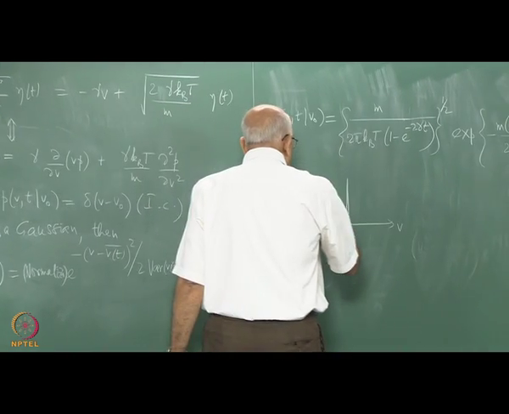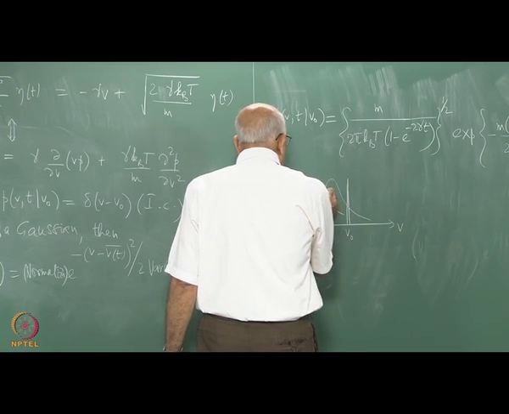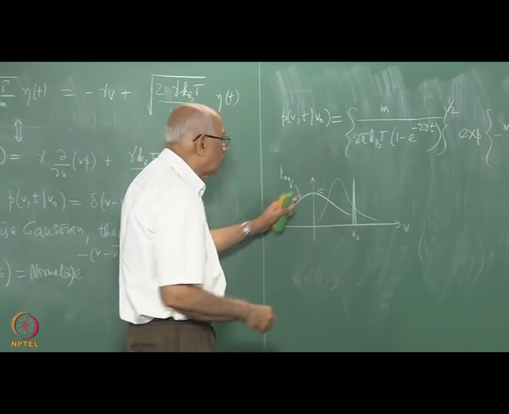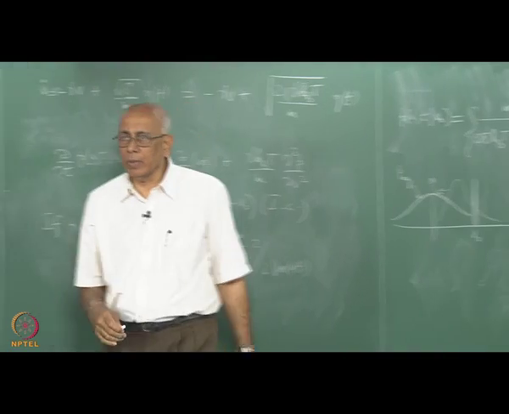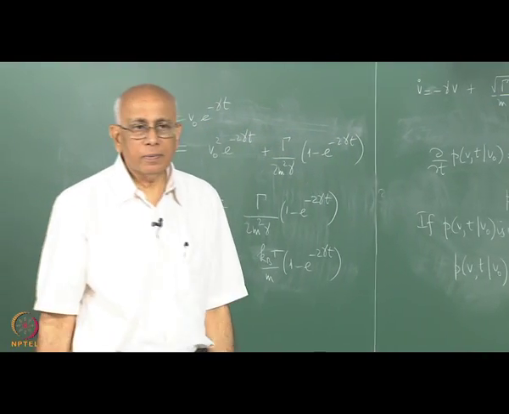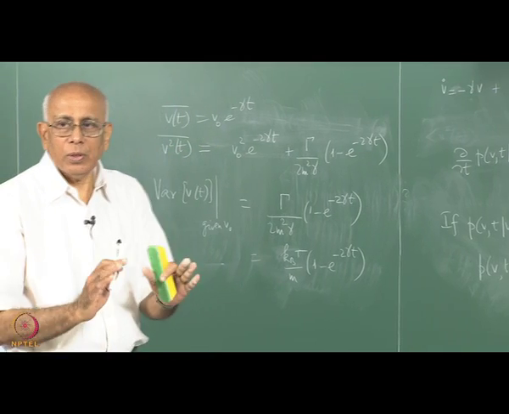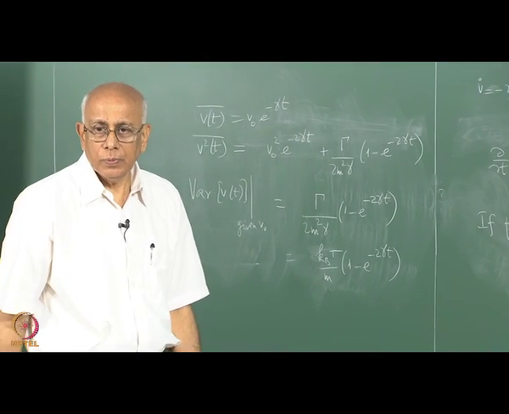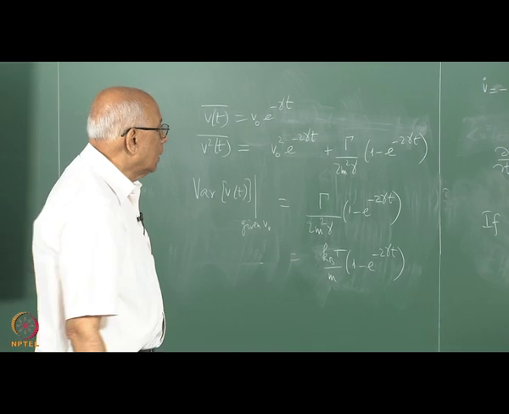So after a little bit of time it looks like this, and then this peak shifts, it comes down, so that the area under the curve remains 1 always, and it finally settles at the Maxwellian distribution, which is just what you would expect this thing would do.